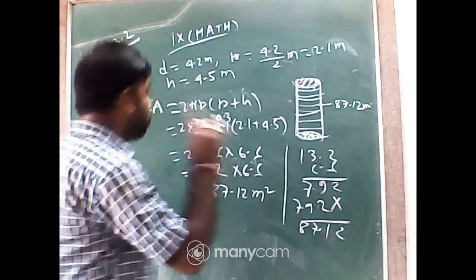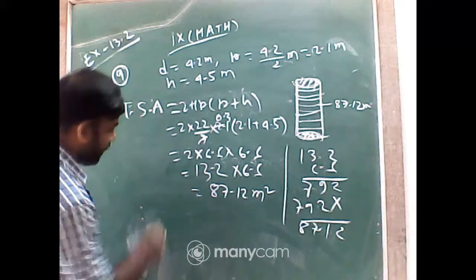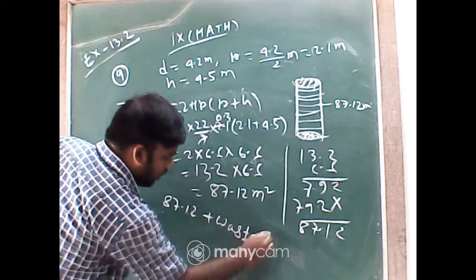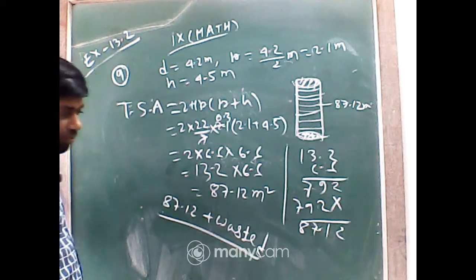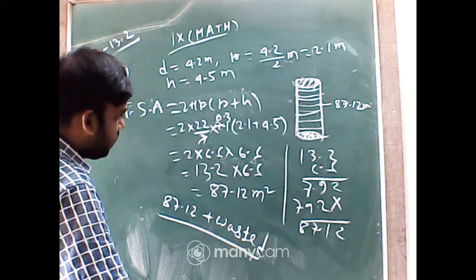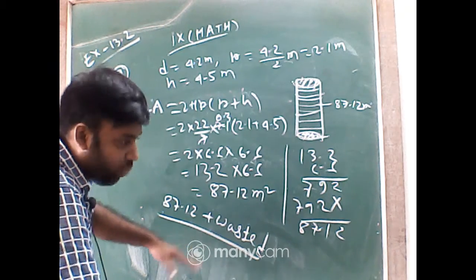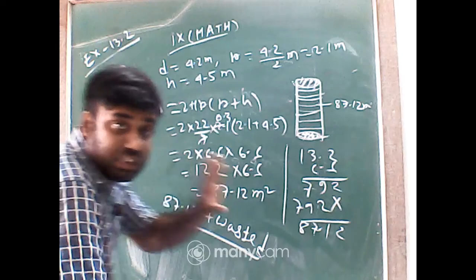So total steel required means 87.12 plus wasted. Is it or not? Tell me. 87.12 plus wasted, that is the total required sheet.